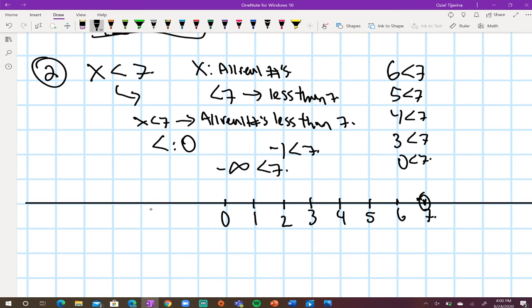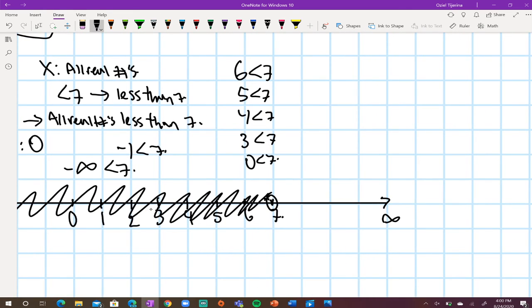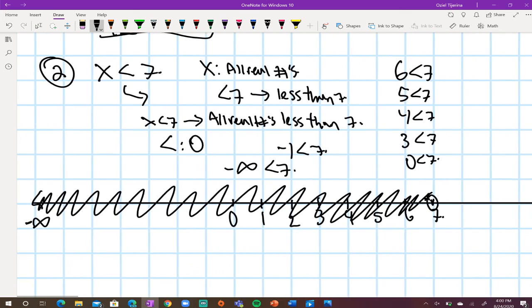So I'm going to shade all the way to the left. This is negative infinity, and over here's infinity.